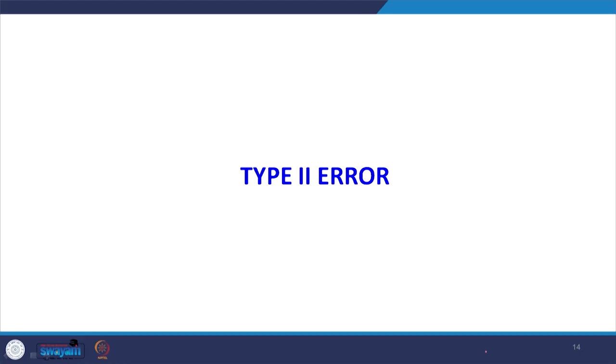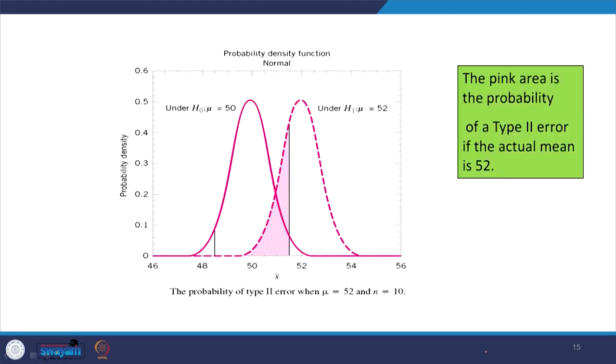First I will explain what a type 2 error is, and I will take 3 examples to calculate the value of type 2 error. In the previous example, what happened? There are two populations which overlap. So, this is 50, this is 52. This is the rejection region when the population mean is 50. There is another population whose mean is 52, which is overlapping.